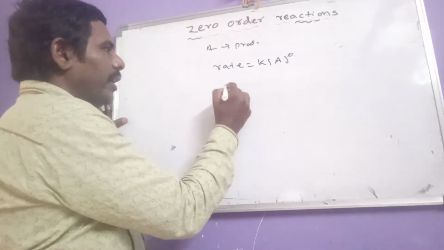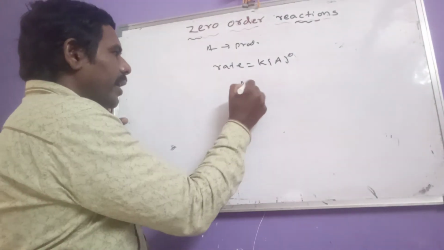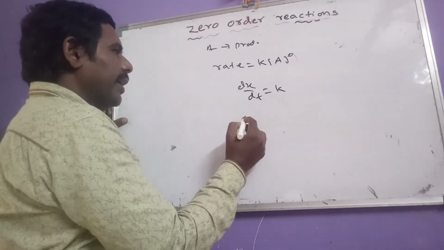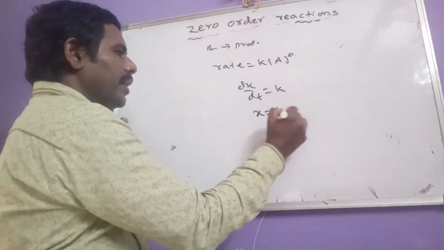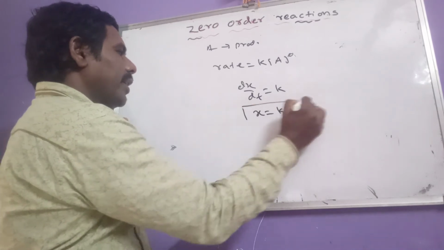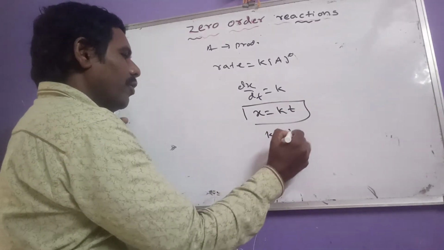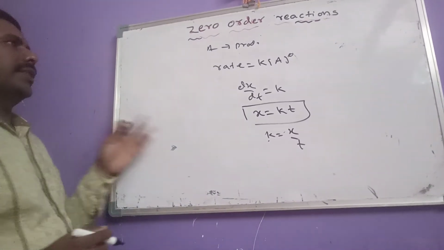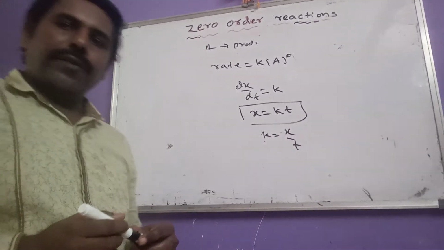That means now we can write dx by dt equals K, and upon integration we get x equals kt. That means K equals x by t. So this is the rate constant expression for zero order reactions.